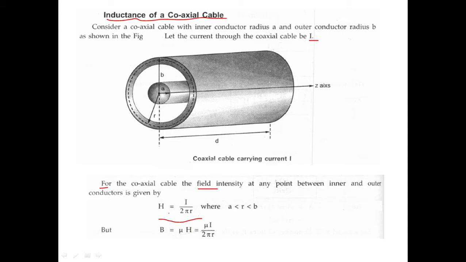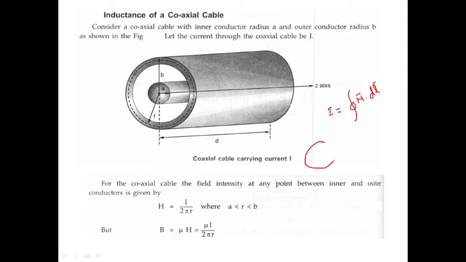So this is the basic definition of H. So we know that the current enclosed is given by the closed integral of H vector dot dl, both are vectors here. When we find the dot product of these two, it will become scalar.